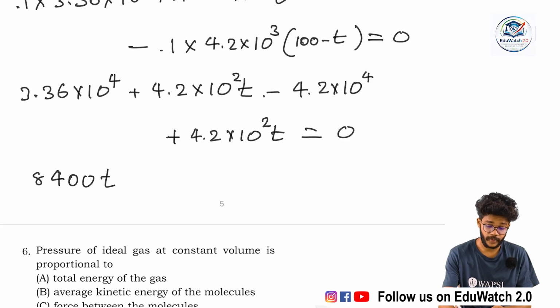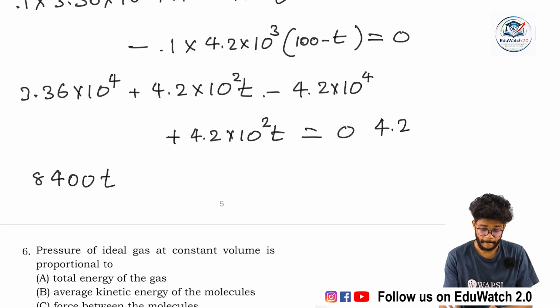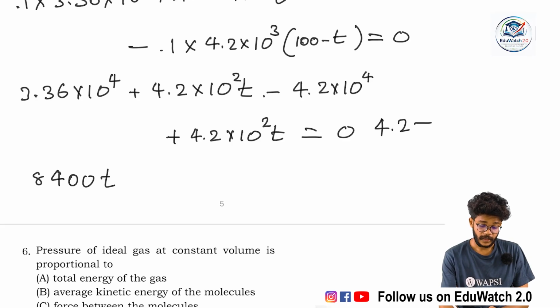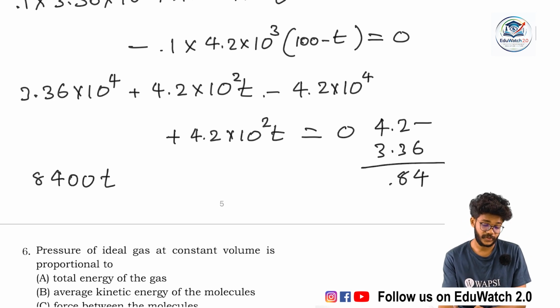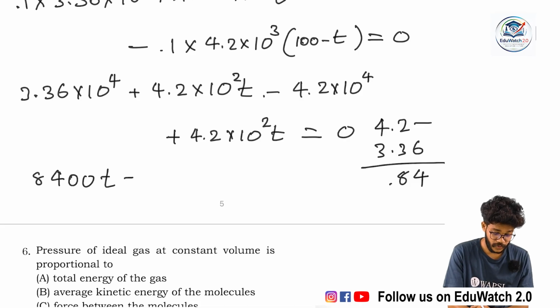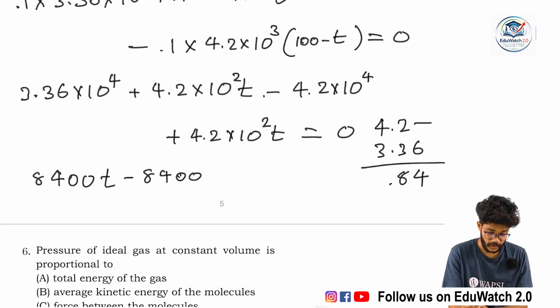Then minus 4.2 into 10 raised to 4 plus 3.36 into 10 raised to 4. So 4.2 subtract 3.36 is 0.84, so 0.84 into 10 raised to 4 is 8400.